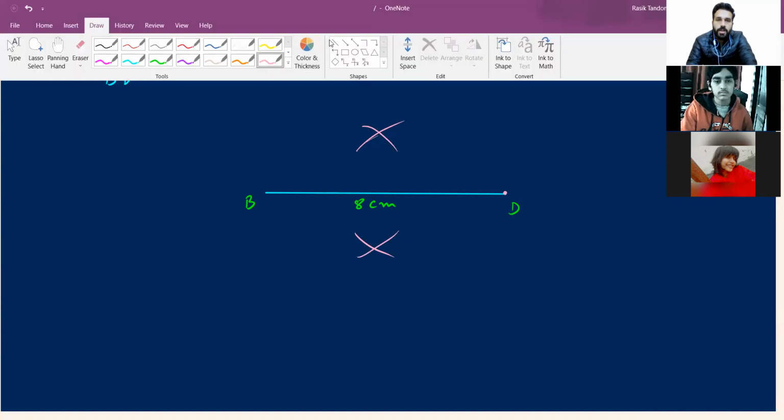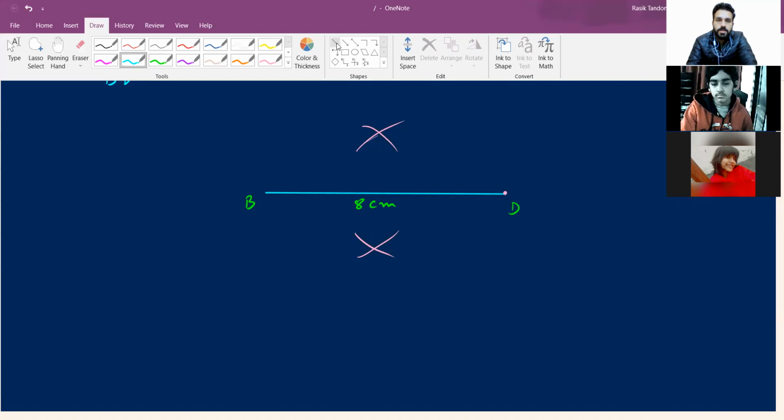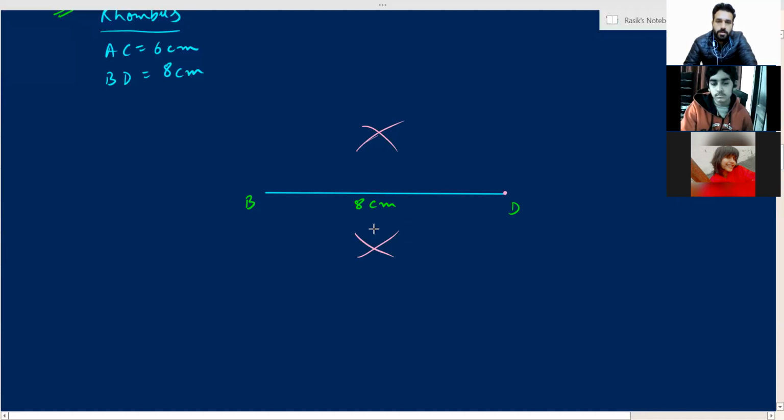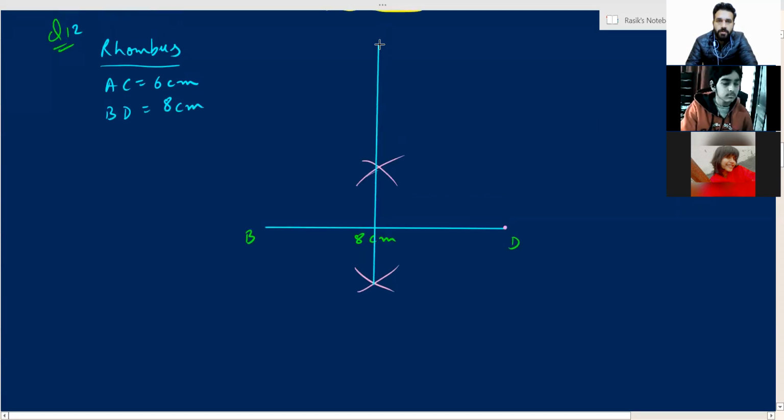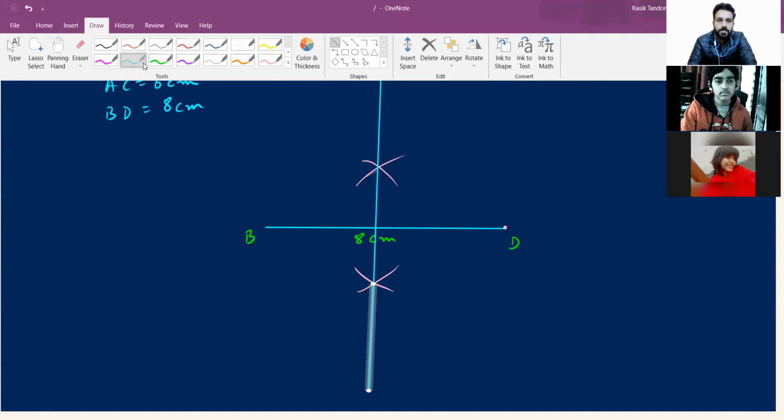So now when you join, you will get a line which is perpendicular to BD, and it is also the bisector of BD. This is the perpendicular bisector of BD.